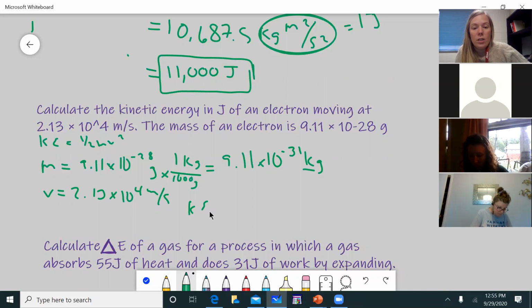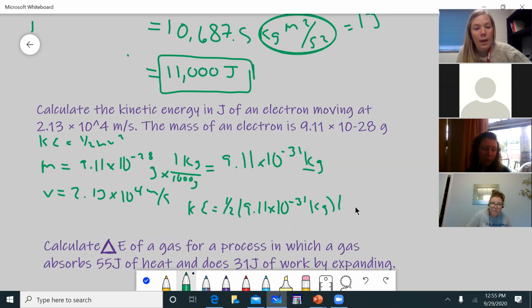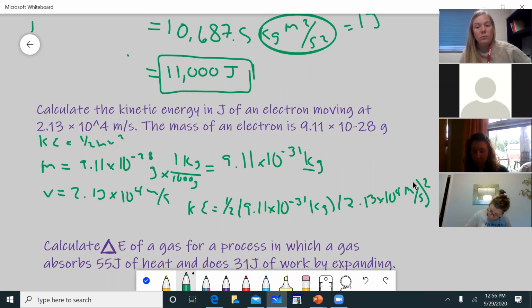So kinetic energy is going to be equal to 1/2 our mass, which is 9.11 times 10 to the negative 31 kilograms, and then our 2.13 times 10 to the 4th meters per second, and we're going to square that whole thing. I did have it calculated out, but my calculator cleared it out, so I'll replug that in.